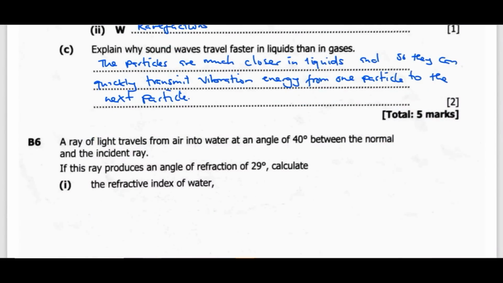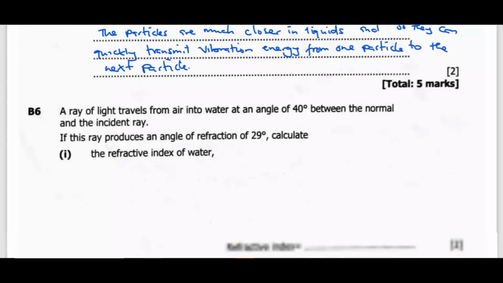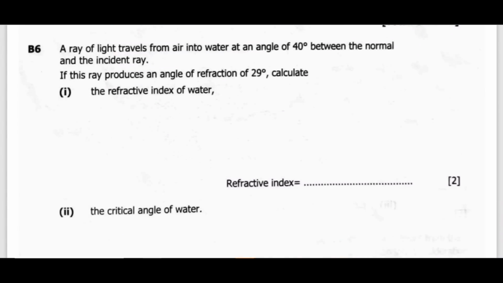Let us move to question 6. B6: a ray of light travels from air into water at an angle of 40 degrees between the normal and the incident ray.